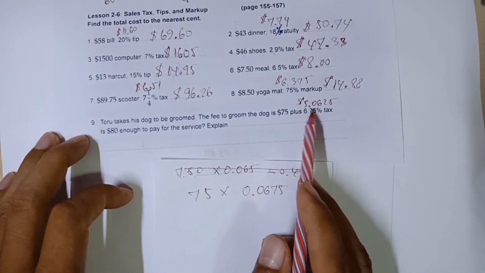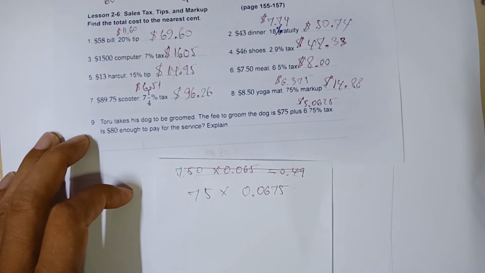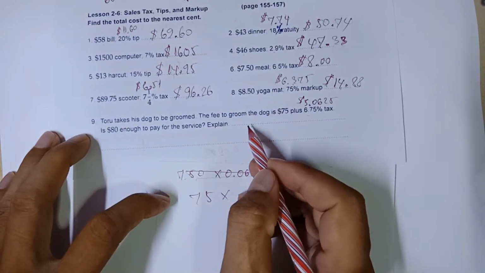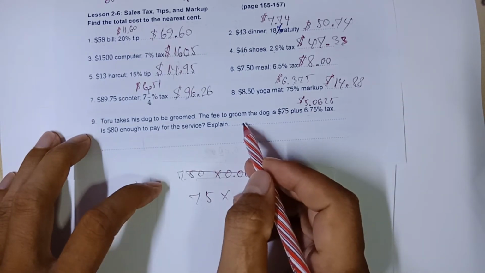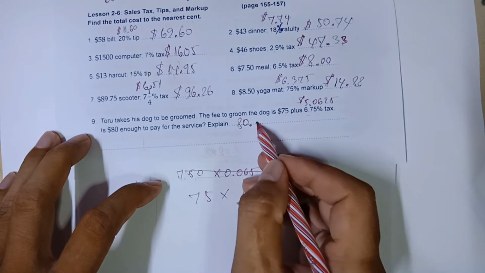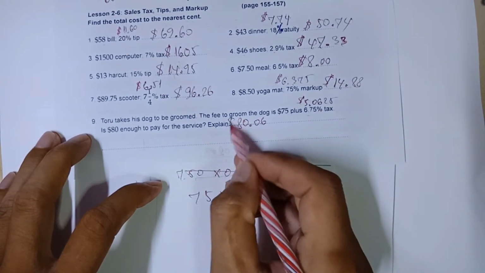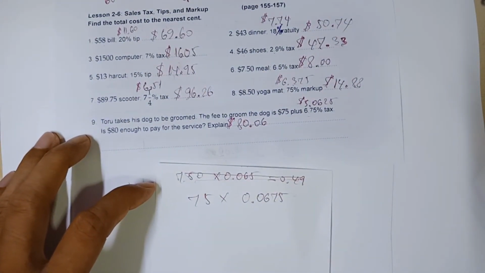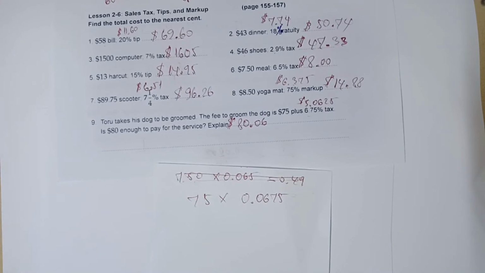So 75 plus the tax gives you the total cost of $80.06 that you need to pay for the service.